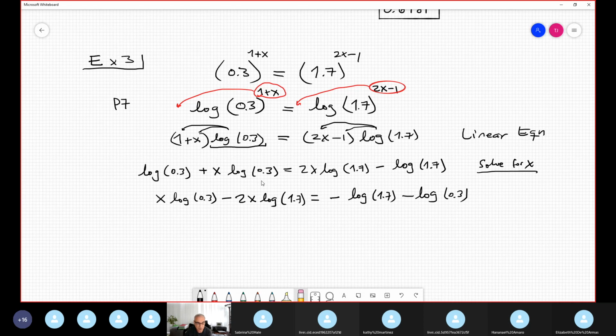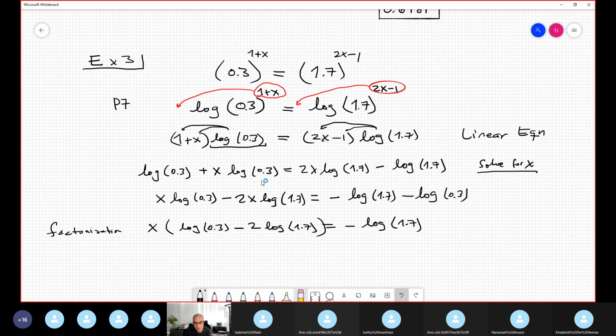I factor out x, the greatest common factor. We have log 0.3 minus 2 log 1.7 is equal to negative logarithm 1.7.